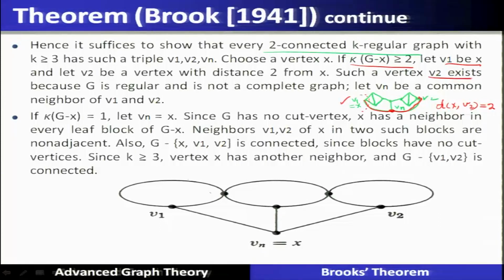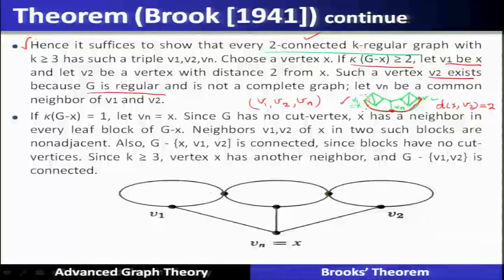Such a vertex exists because this graph is regular and is not a complete graph. Hence, Vn is a common neighbor of V1 and V2. Hence, we have shown that when the graph is k-regular and 2-connected, there exists such a triple. Hence, this case will also be satisfied with a k-coloring of the graph.